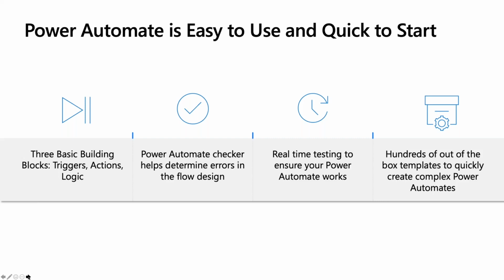We also have a flow checker, so if you want to determine if there are any errors in your design, you can do that as well. We have the ability for you to test your flows in real time. And then we also have so many templates available that you can leverage. I suggest anyone take a quick look at all the different templates. You can even use them for personal use.